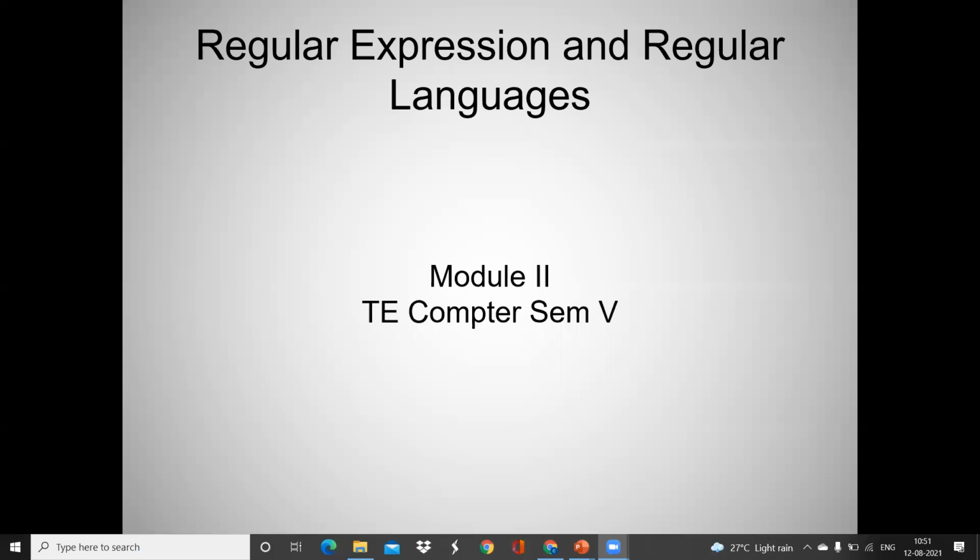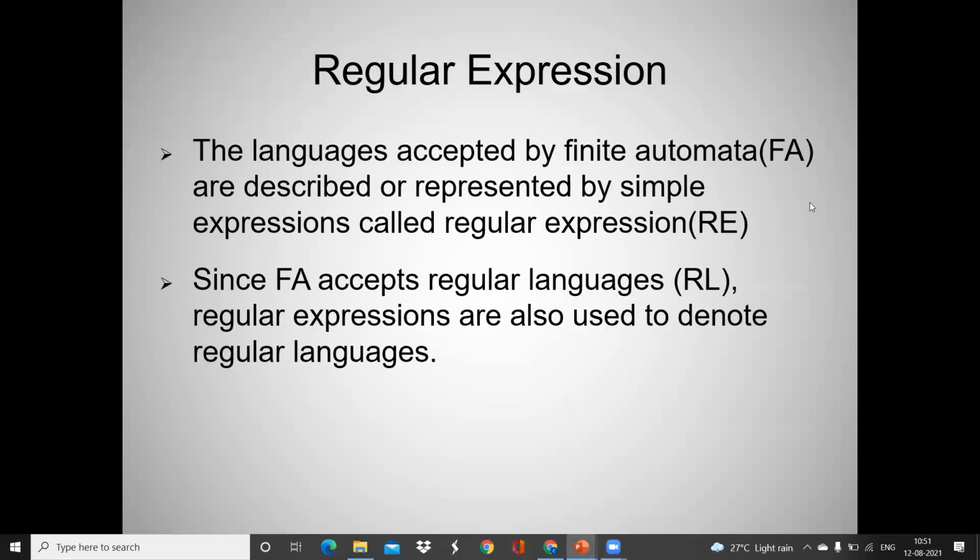So today's topic is regular expression and regular languages. So you all know that the finite automata accepts a set of strings, and we call it a language.